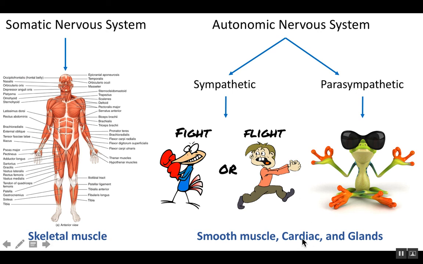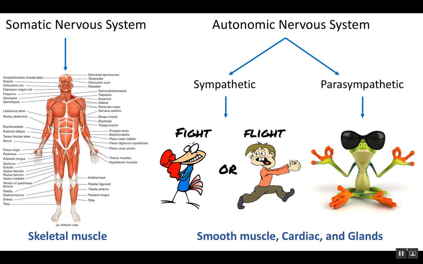Your heart is controlled using the autonomic nervous system, and a whole set of glands are controlled using the autonomic nervous system. When we study the autonomic nervous system, we have to divide it into two divisions. One being the sympathetic division, and two being the parasympathetic division.